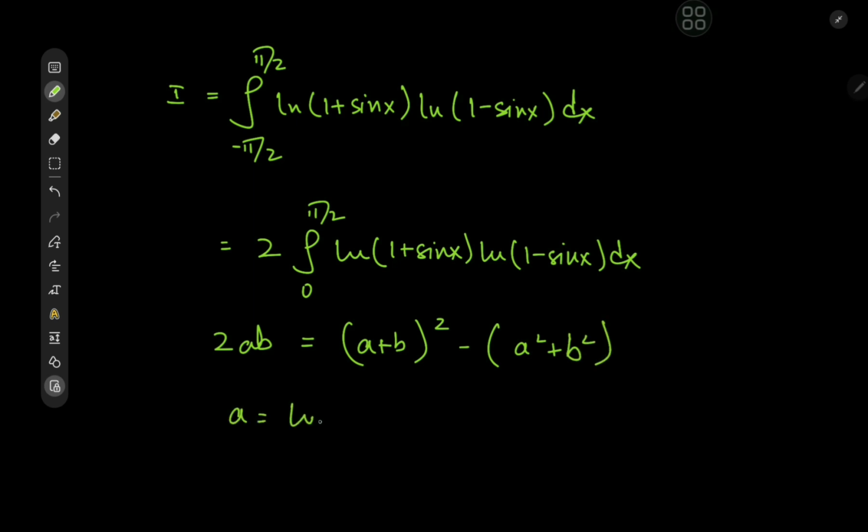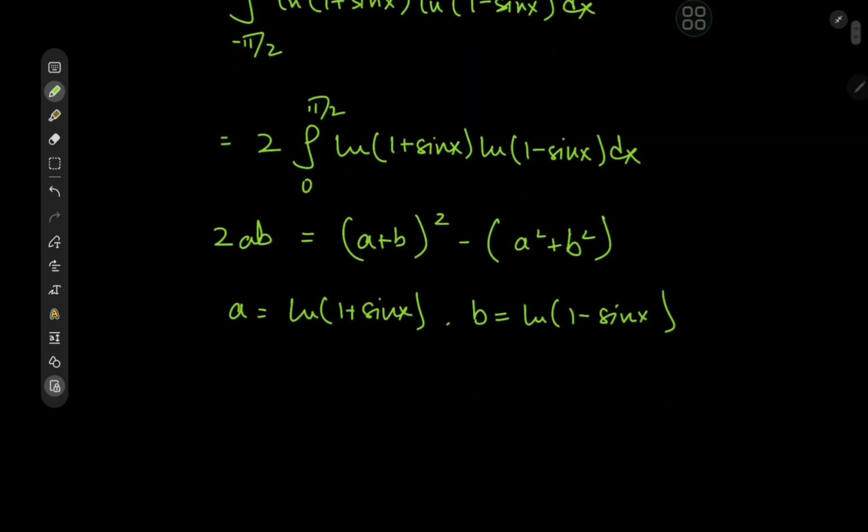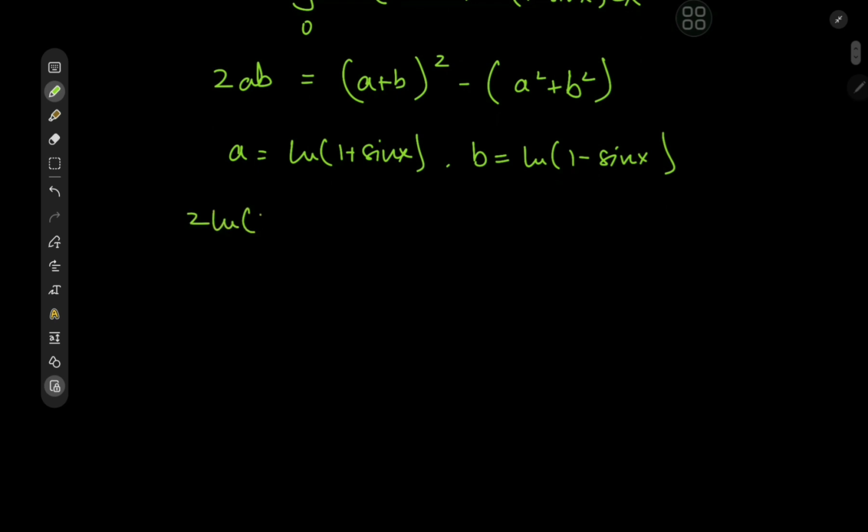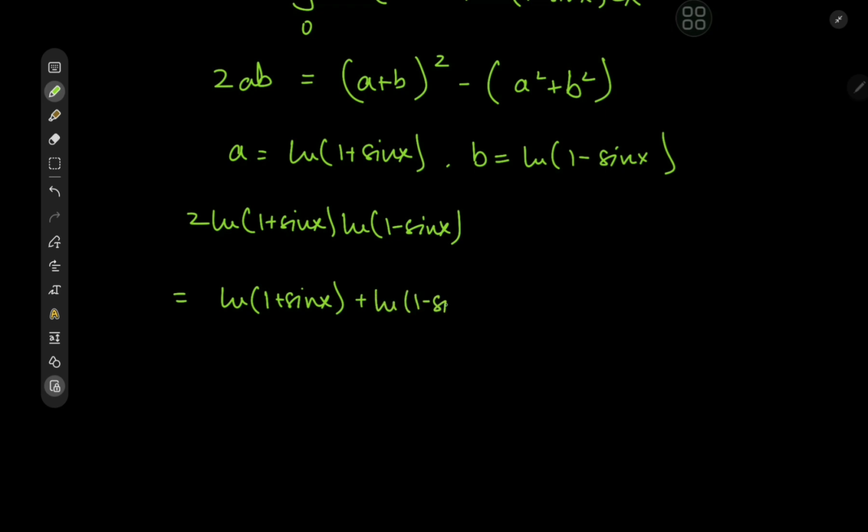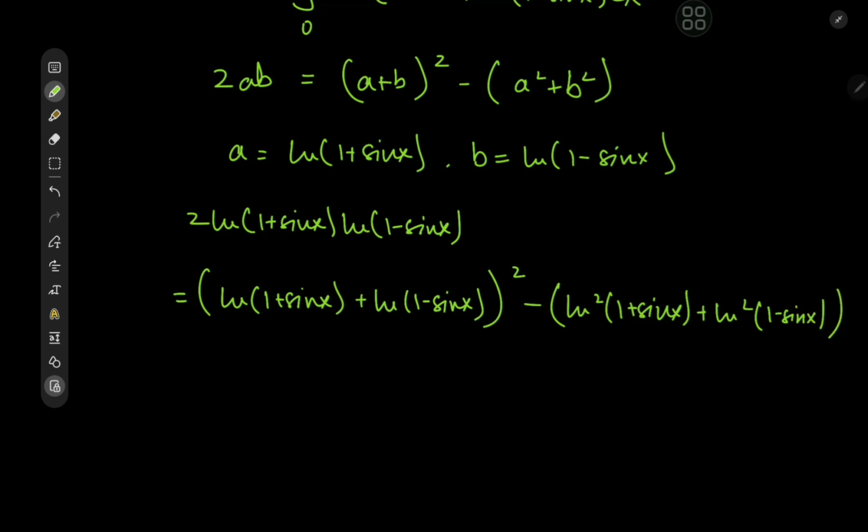So if we call a log(1 plus sine x), and we call b log(1 minus sine x), then in fact we have 2 log(1 plus sine x) times log(1 minus sine x) equal to (log(1 plus sine x) plus log(1 minus sine x)), whole thing squared, minus log squared (1 plus sine x) plus log squared (1 minus sine x).